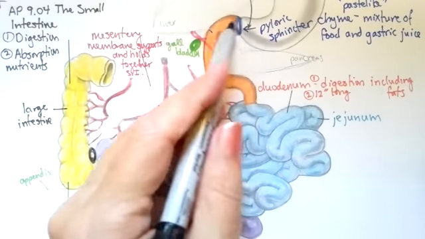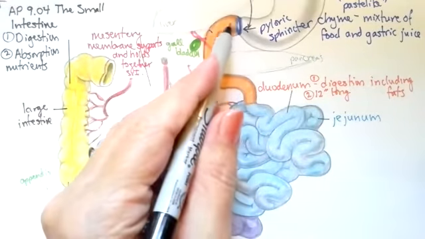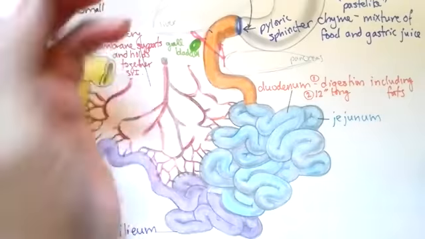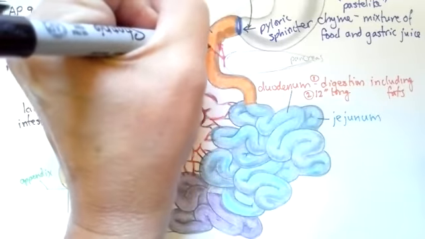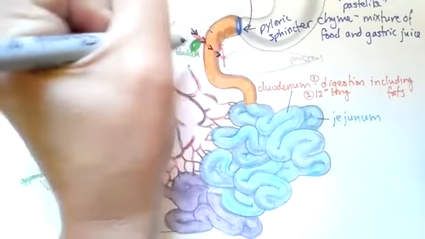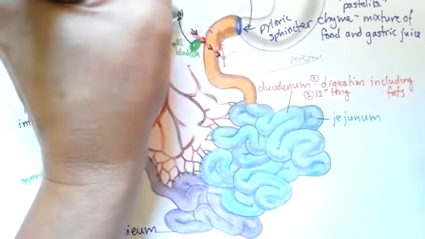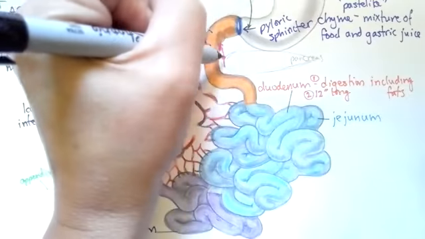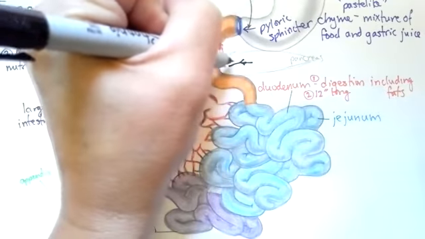So what happens is we have chyme that comes out of the stomach and comes into the duodenum. And this green substance that gets produced here is called bile. So this is bile, and it joins with the substances coming out of the pancreas.